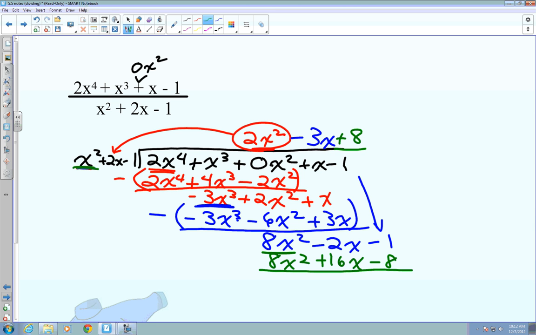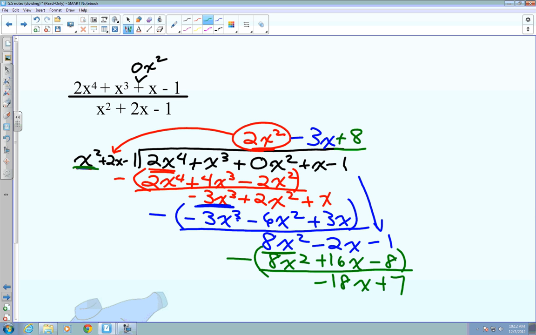So that's all subtracted. 8x squared minus 8x squared is 0. Negative 2x minus 16x is minus 18x. Negative 1 minus a minus 8 is plus 7.